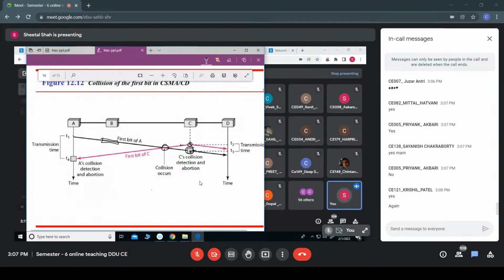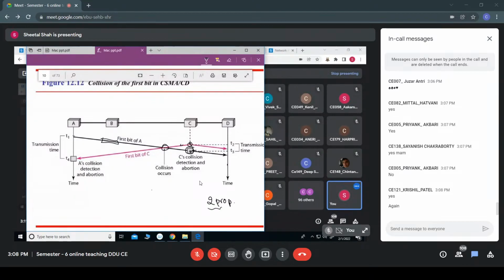So A has to continue transmission of a frame until twice the propagation time, because in the worst case, A might have sent the frame to D until it reaches the other end, and when the collision is detected, it may take another TP, that is a propagation time, to sense the collision.